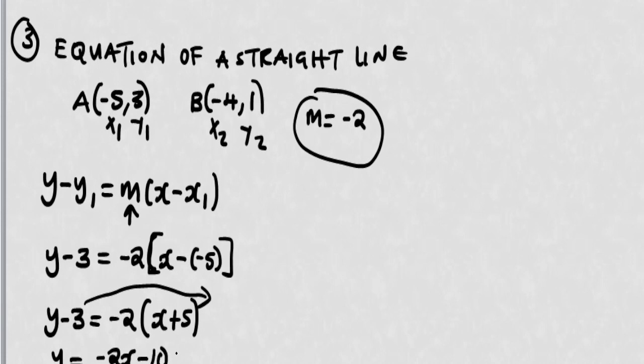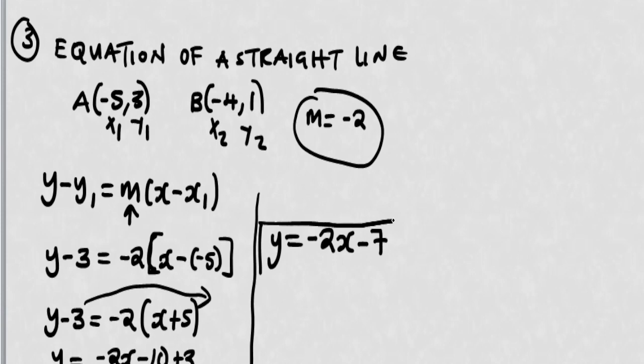Then when the -3 crosses, it becomes +3. Then the final touch is you just group the like terms together. So the equation will be as follows: y is equal to -2x, then -10 plus 3, we get -7. So that is how we can find the equation of a straight line given 2 points. Or if you are given the gradient at 1 point, it's fine, you can still find it.